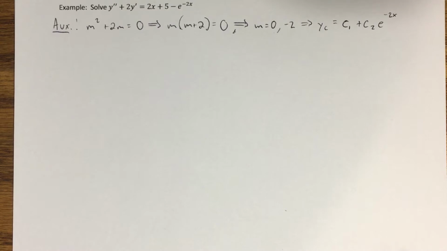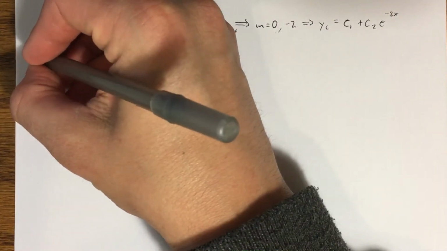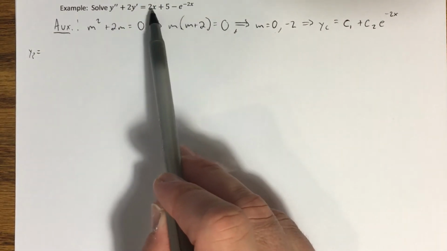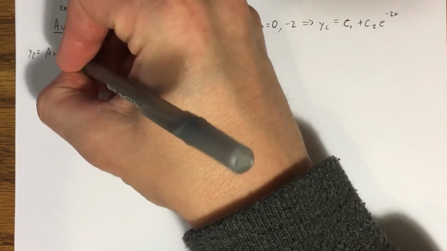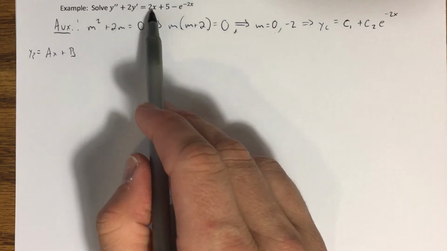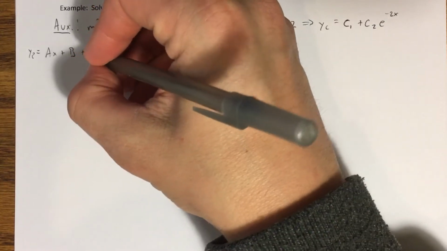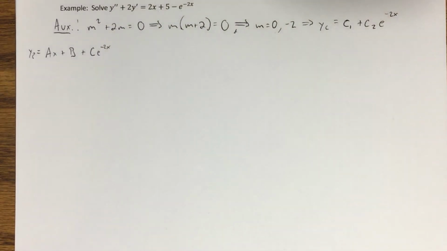Now, what would be the natural choice for yp, for our particular solution? Well, it seems natural here, if we have a linear function, 2x plus 5, to choose ax plus b to match with that. And then we have e to the negative 2x here, so it seems also natural to use c e to the negative 2x in our particular solution.